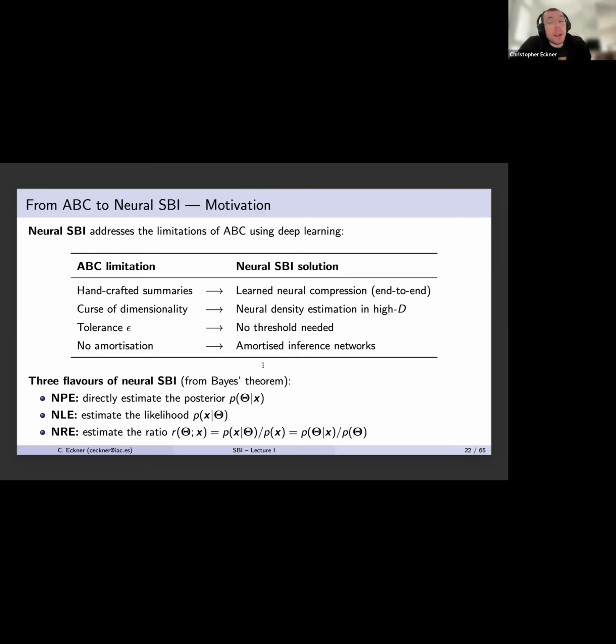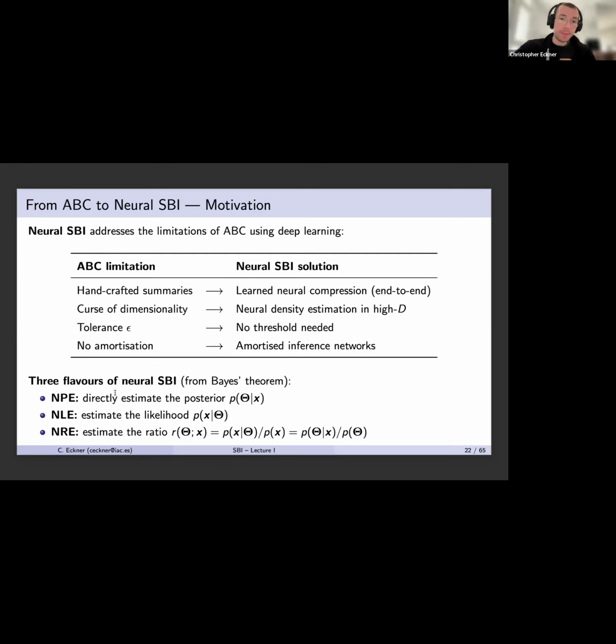There is no need for tolerance in these neural simulation-based inference methods, and they are typically capable of doing amortized inference, so being able to train it once and then use different observations and get different posteriors depending on what your observation is. So you can reuse training data and training results. And this comes in different flavors, which we'll address in this lecture. They are all based on Bayes' theorem and different flavors of what you actually want to infer.